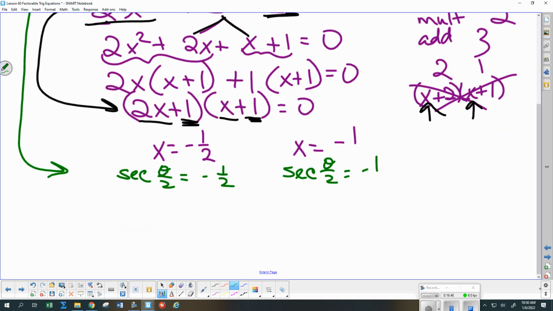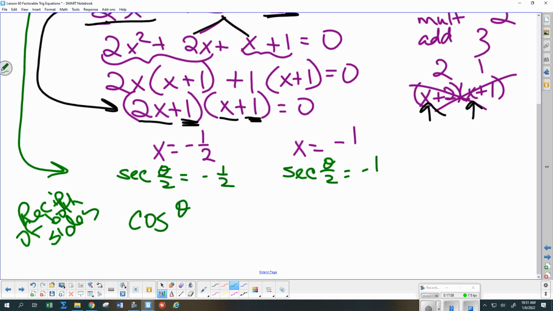Okay, when we have secant, cosecant, or cotangent, we know we like to do the reciprocal of both sides to get it to something we know unit circle values for. So reciprocal of both sides. What is the reciprocal of secant, everybody? Cosine. And the reciprocal of -1/2 is -2.